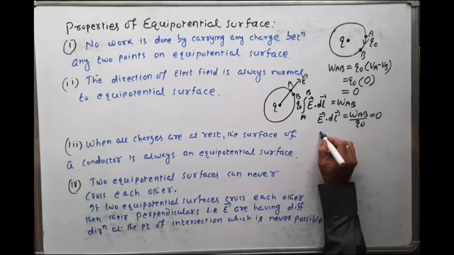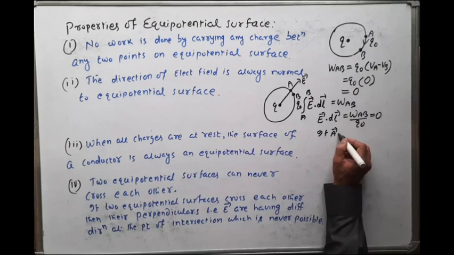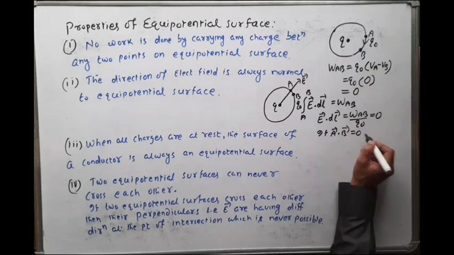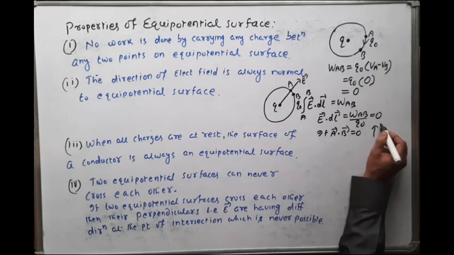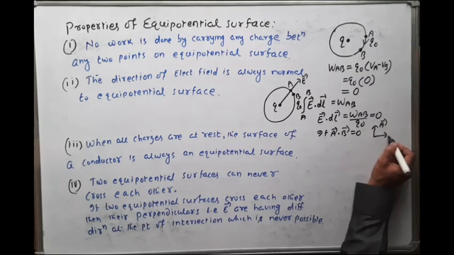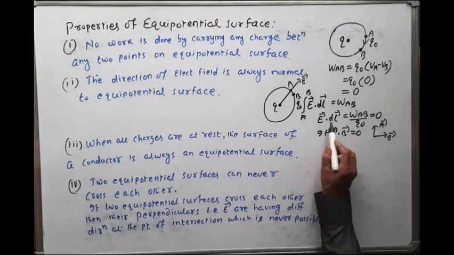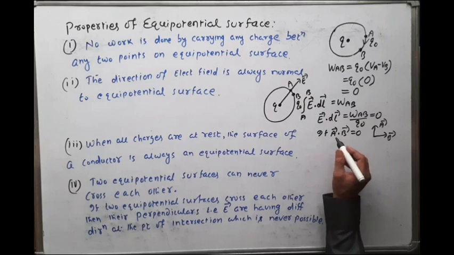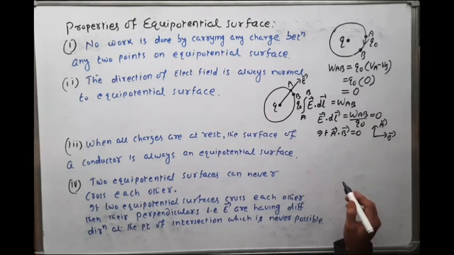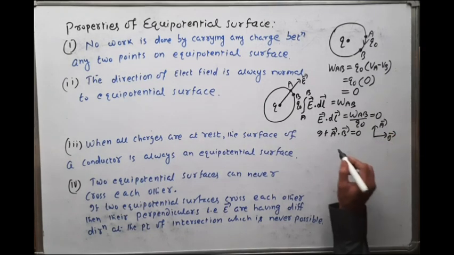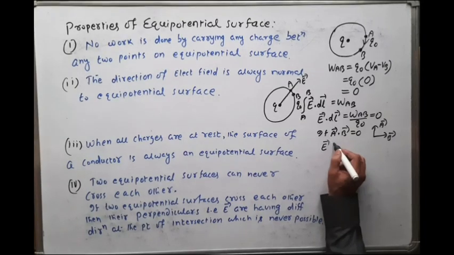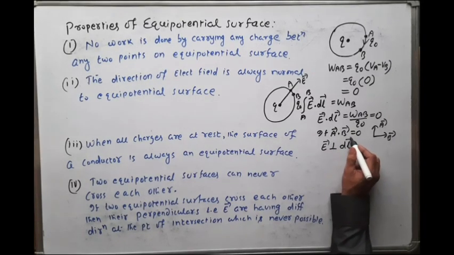You know, if A vector dot B vector is equal to 0, then A vector is perpendicular to B vector. Similarly, E dot dl is equal to 0 indicates E is perpendicular to dl vector.